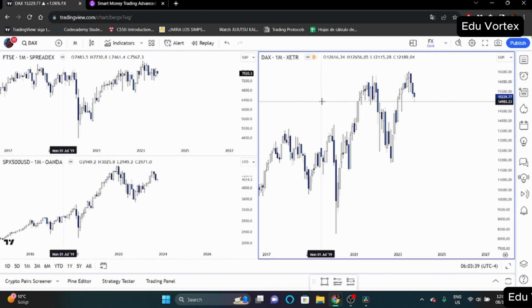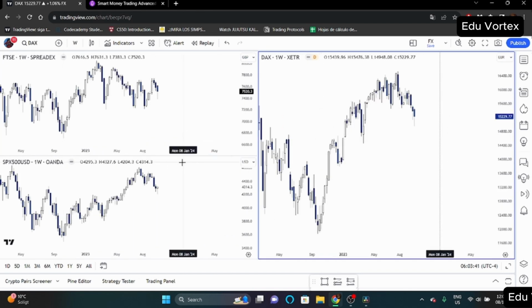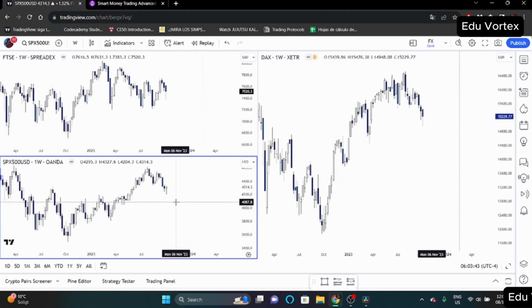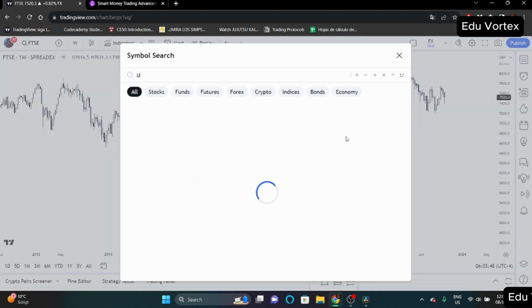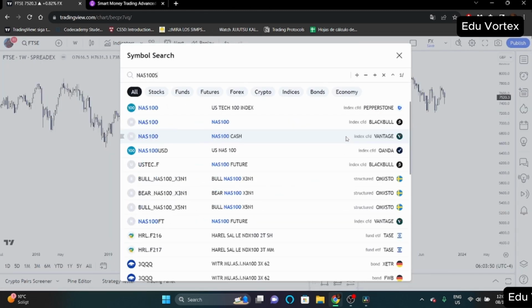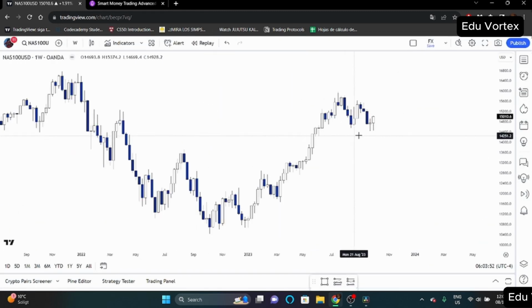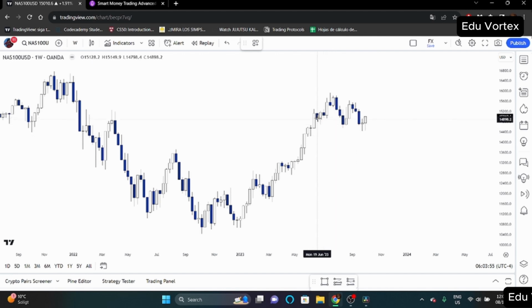Am I bearish on American indexes? Well, order flow is on the weekly. Let's remove this. Order flow on the weekly, it's 100% bearish without a doubt. We disrespected this order block, we disrespected, well, we're actually respecting this fair value gap.